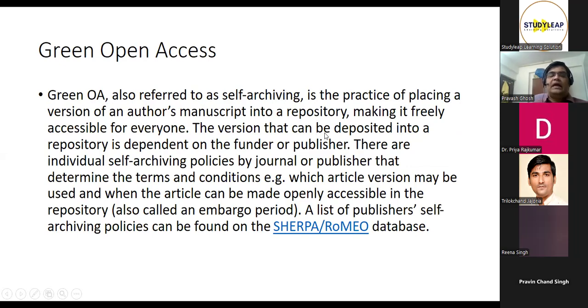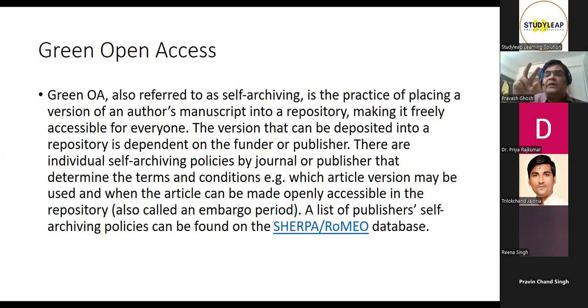The version that can be deposited into a repository is dependent on the publisher. Now the publisher decides here. In gold, the author decides, but in green open access, the publisher decides the terms and conditions, which article version may be used, and when the article can be made openly accessible in the repository. You will see that they have a 60 days embargo period.